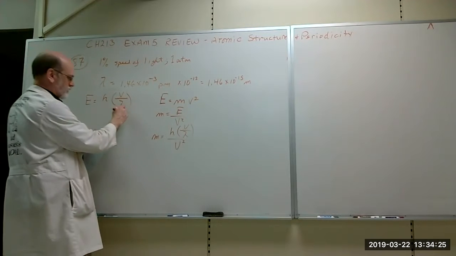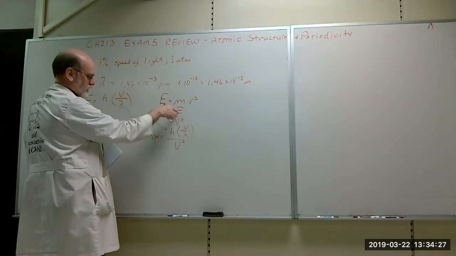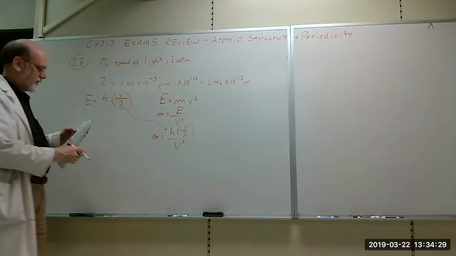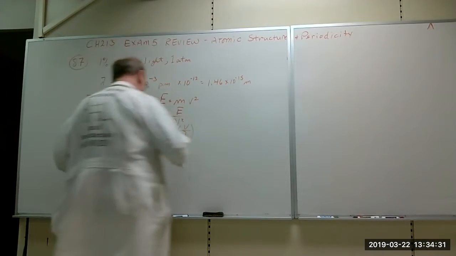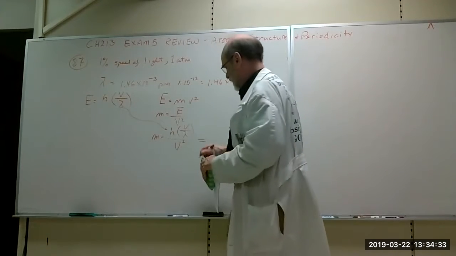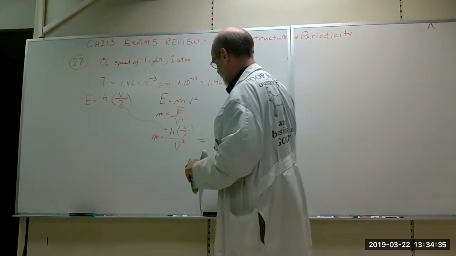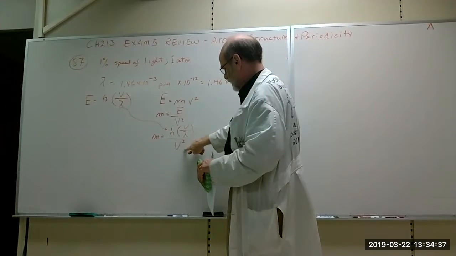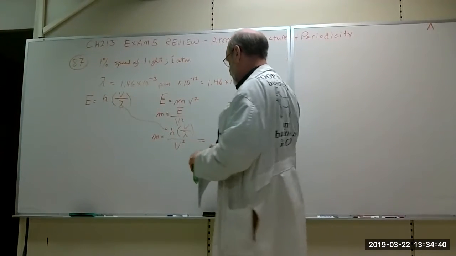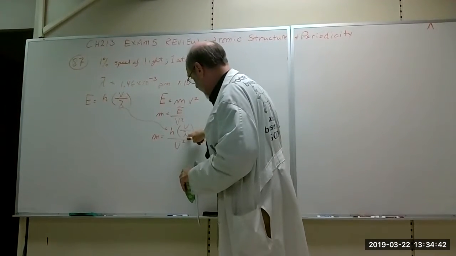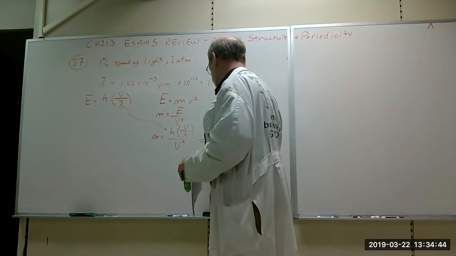Okay, so I just substitute this one right in here for that E. And then we can resolve that because we've got a V here and a V there. This V is in the numerator, this V is in the denominator, and this one's also in the denominator.